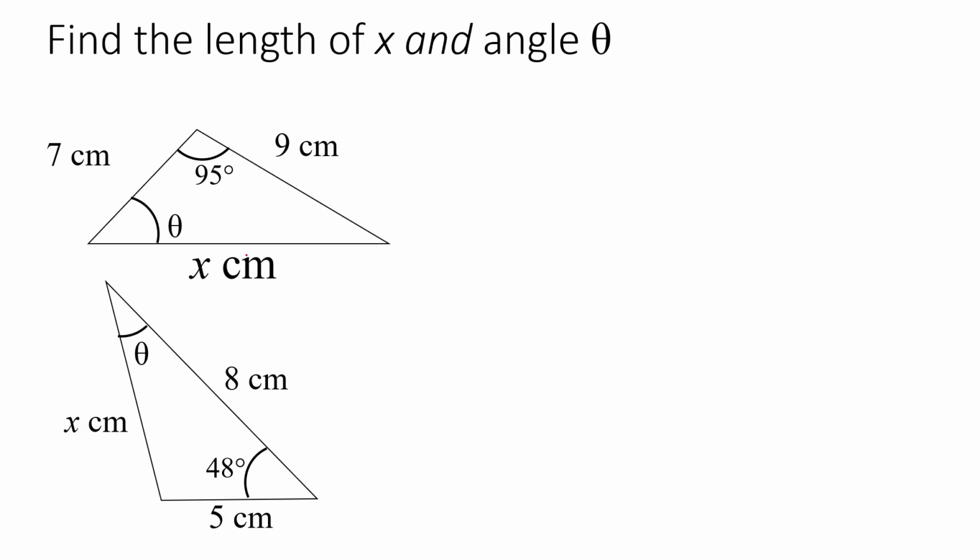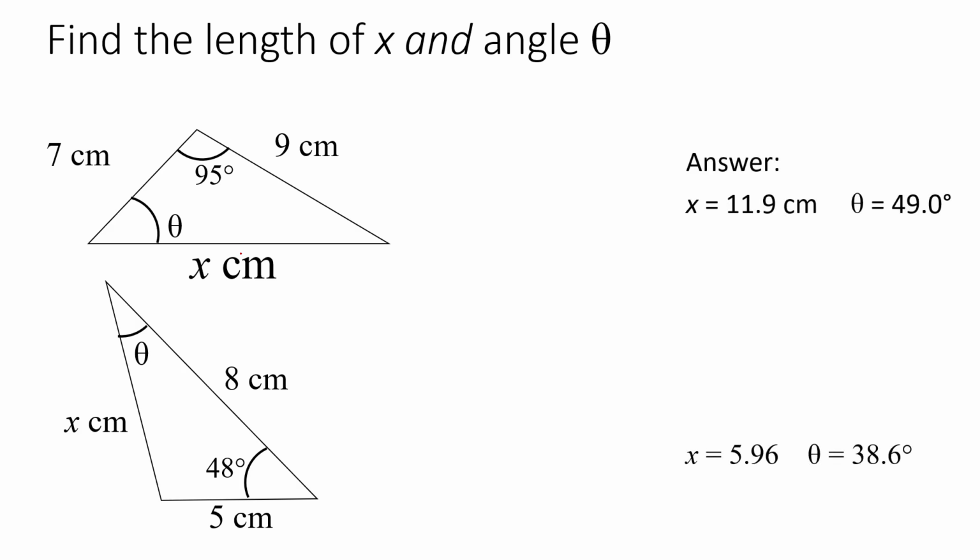Please pause this video and try it out. If you need to check your answer, the answer is down here. The steps are the same as the example that was given. So this is the first scenario where you use cosine rule, when you are given two sides and their included angle.